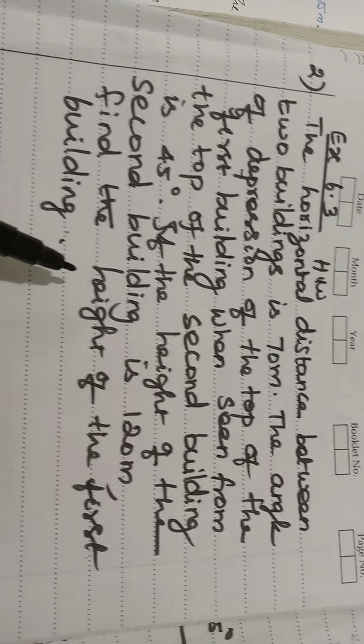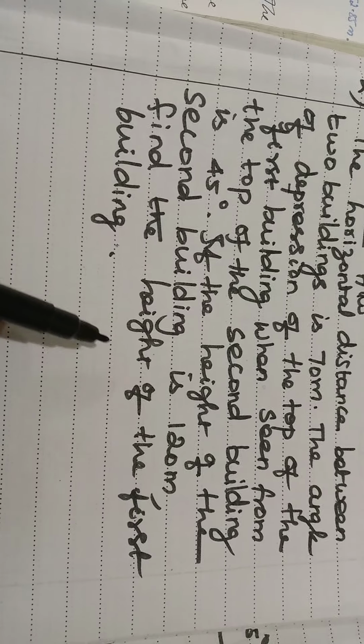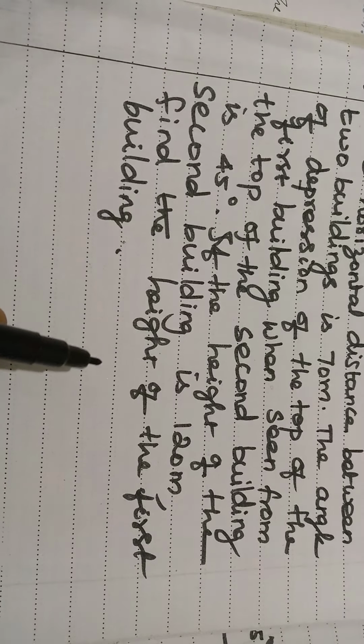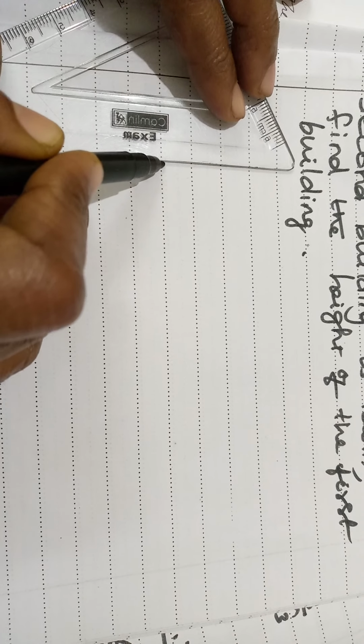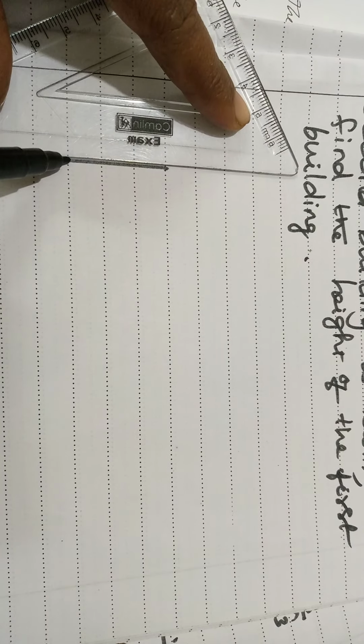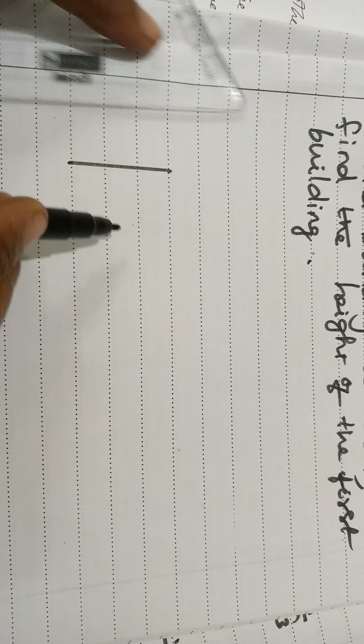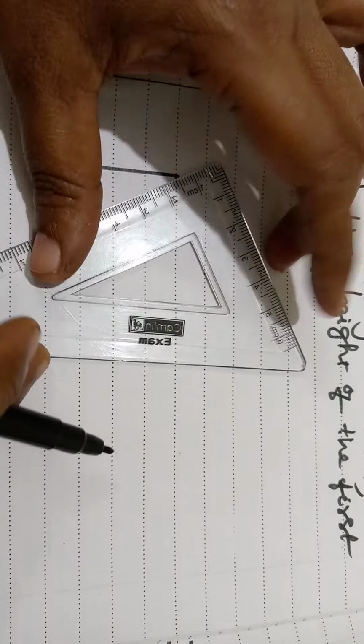Very simple. I am explaining how to do it. Listen. I am giving the diagram. Here two buildings are mentioned, so let's draw the two buildings. Take the first building here, name it, and draw the second building here.